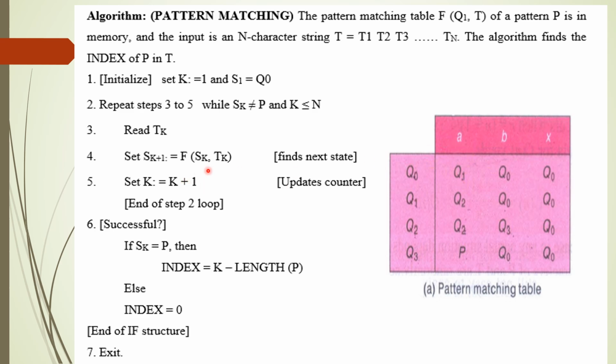That is, you identify which state you get on reading the character of the text. So now S2, the second state, is Q1. From the state Q0, upon reading A, you will go to the state Q1. Then you increment the k value, the index variable, and k becomes 2.